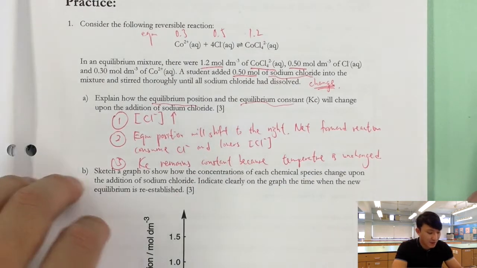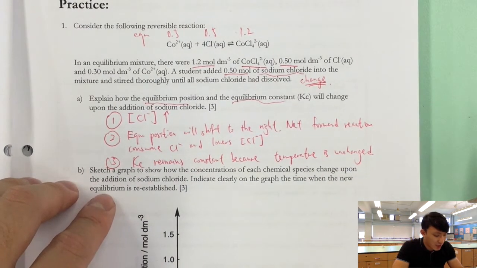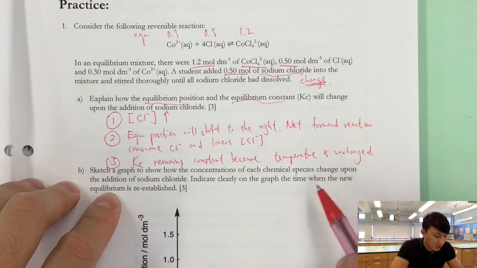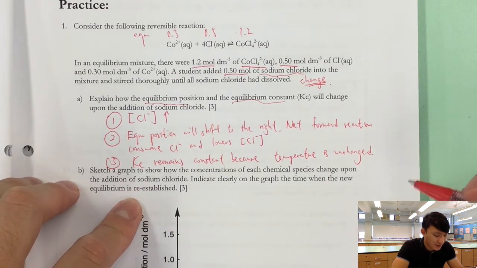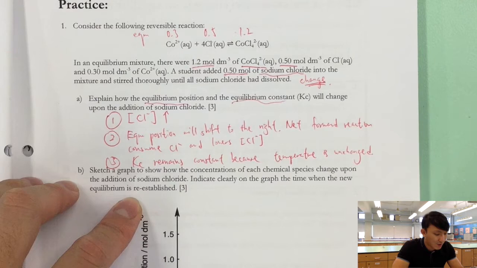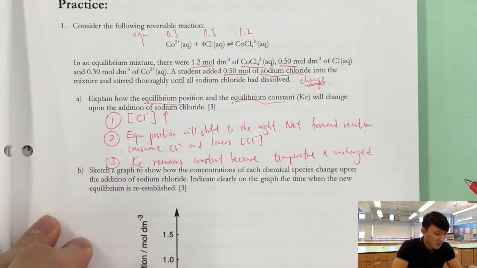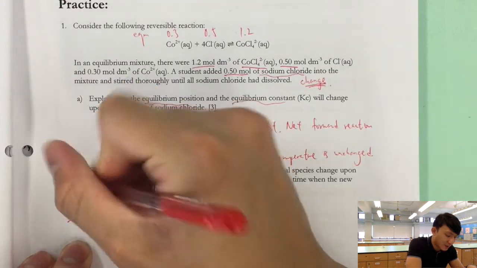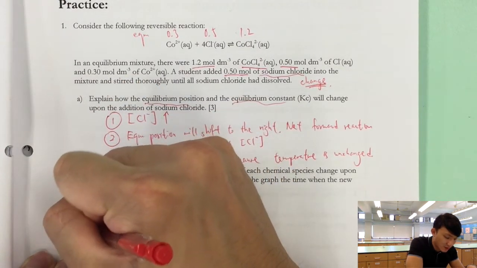Alright, so down here, we need to sketch how the concentration of each chemical species changes upon the addition of sodium chloride. Indicate clearly on the graph the time when the new equilibrium is reached. Okay? Now, let's just say it is a 1 dm cube solution.